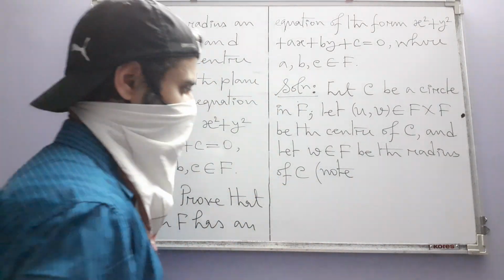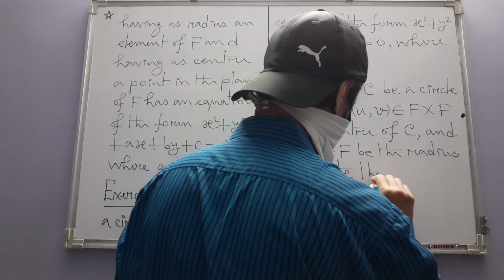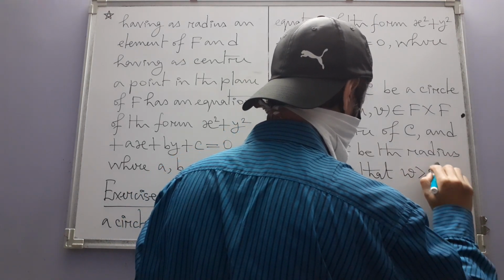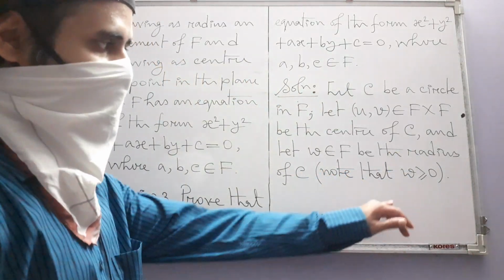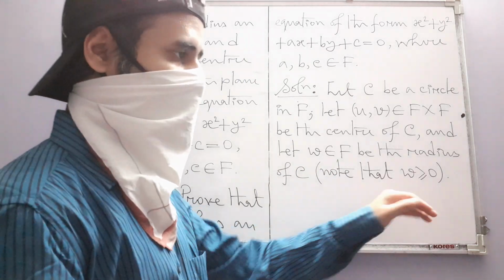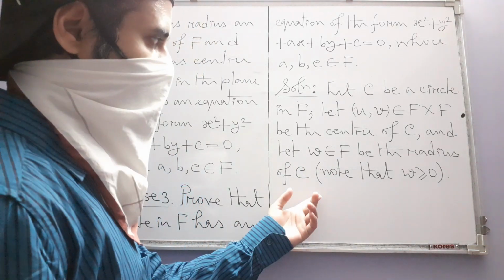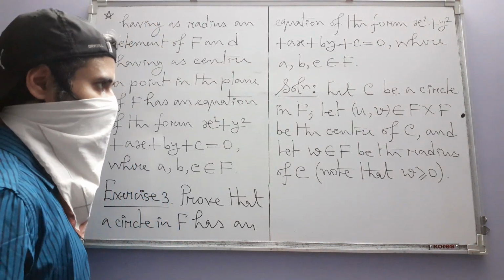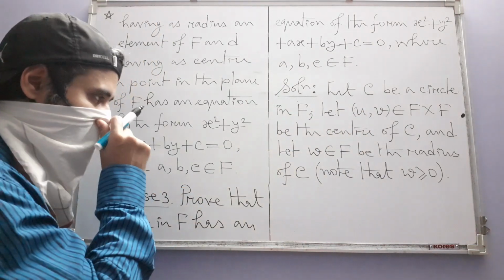W cannot be negative. By writing the normal inequality here and not the strict one, we are allowing for the possibility that the circle can actually be a point also. That is just this point.